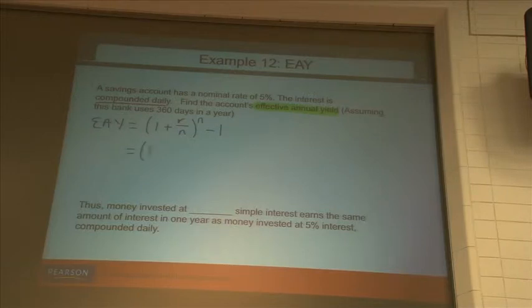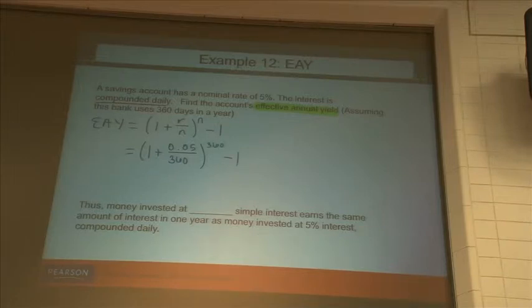So we've got 1 plus our rate is 0.05 over, for compounding daily, but the bank is only open 360 days a year. You're only compounding 360 times. Raised to the power of 360 minus 1.